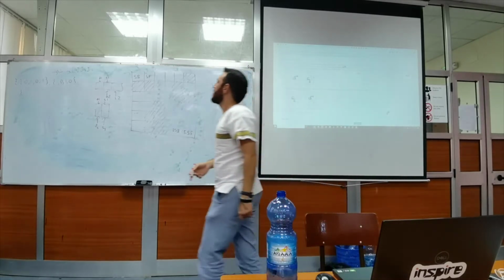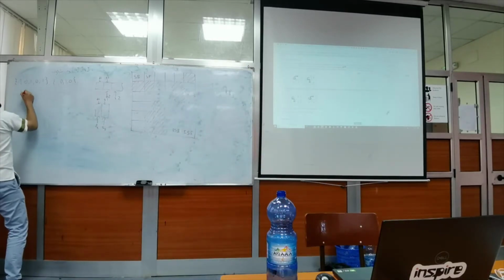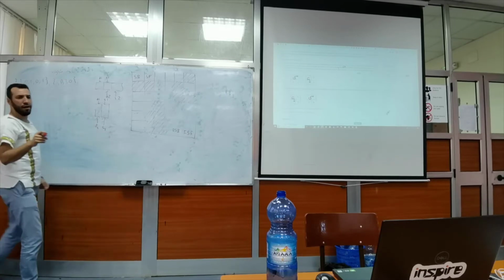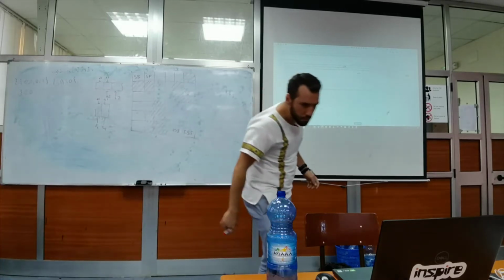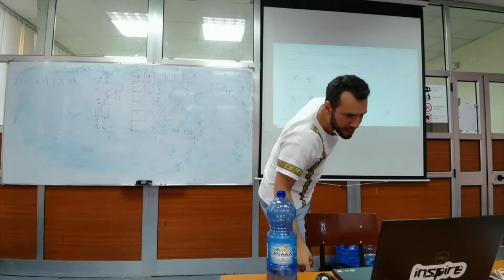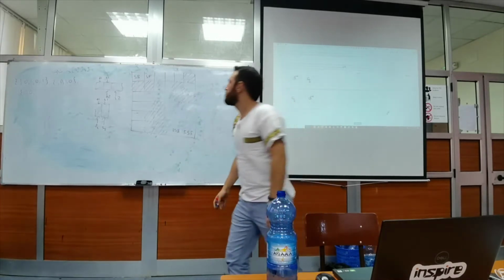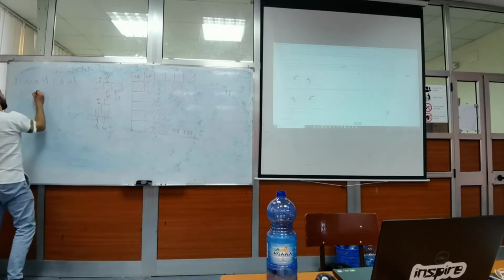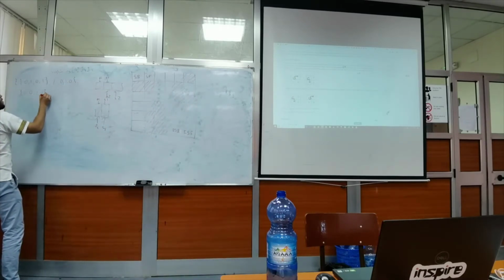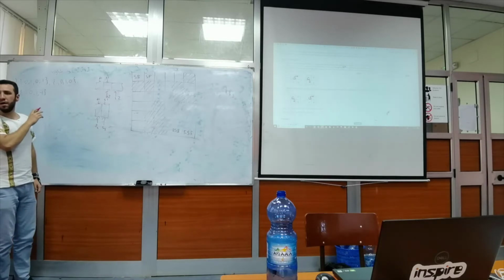RC to RC means 0, 0. And how about the other one? It says RC plus 1 to R plus 1 C, meaning plus 1 minus 1. Is everybody clear with this?